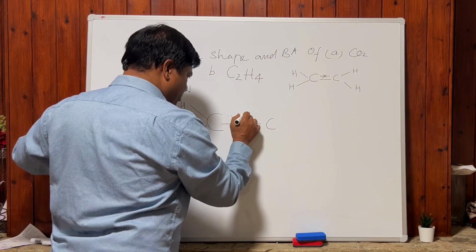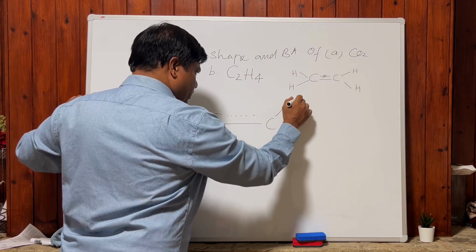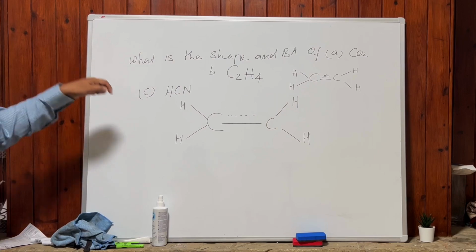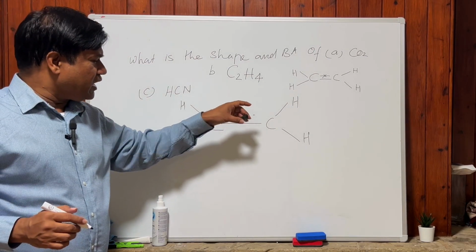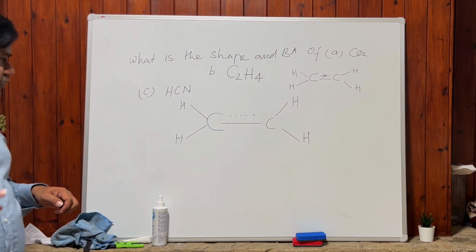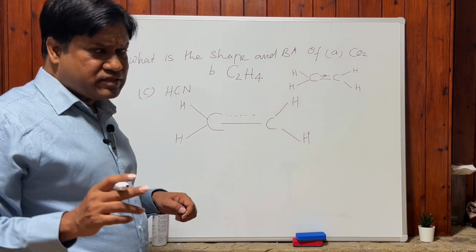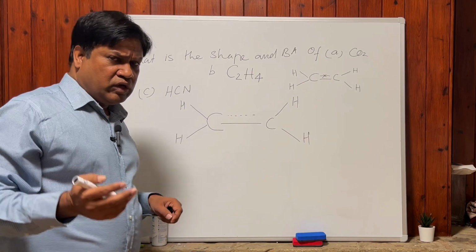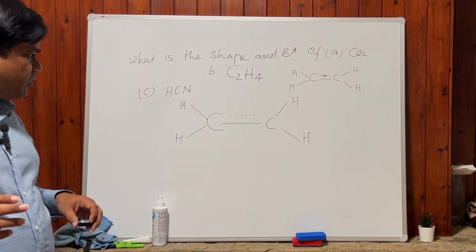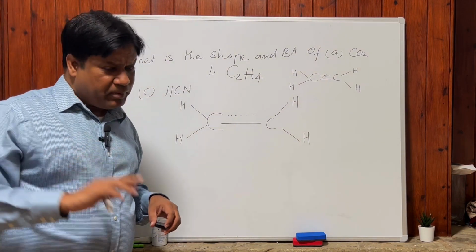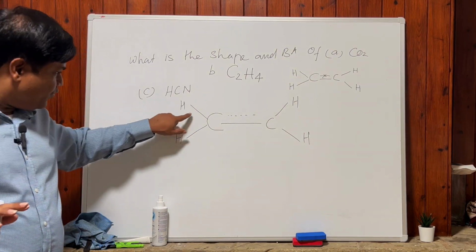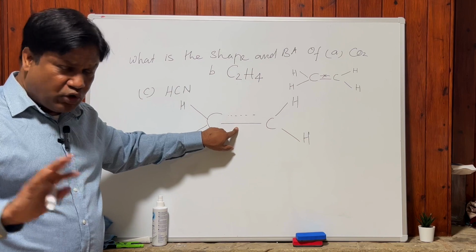I know there's a double bond. It is a planar molecule. So we have done BF3, the shape of the BF3. Boron has 3 valence electrons and it can form 3 bonds. So in the case of boron, we have seen 3 bonded pairs of electrons and no lone pair. Very similar condition.